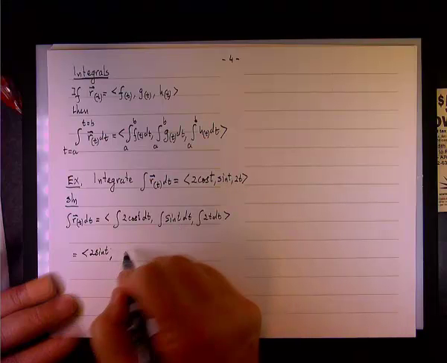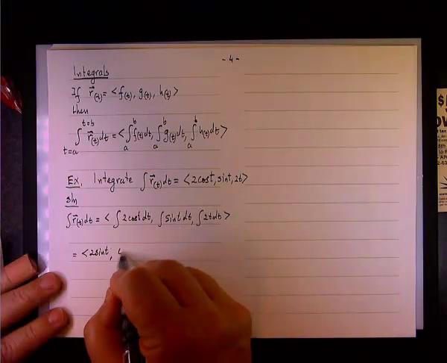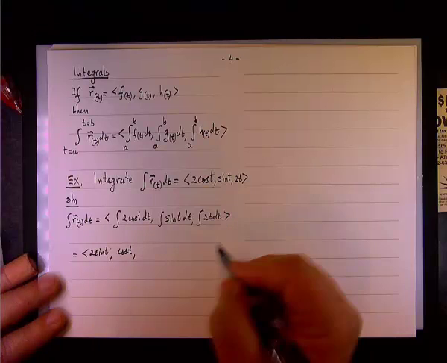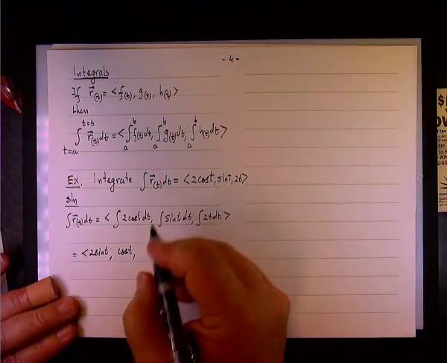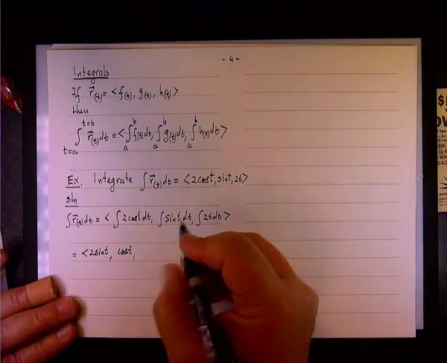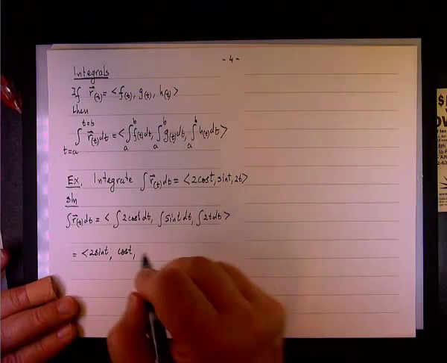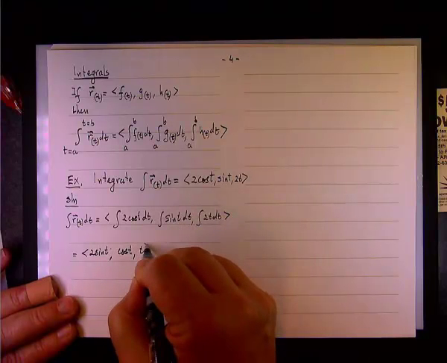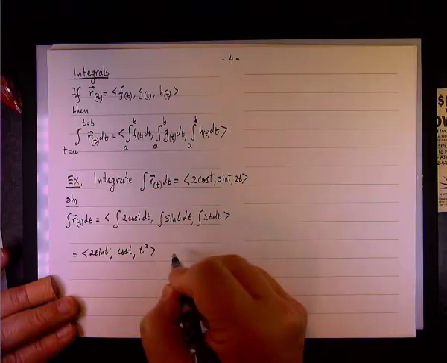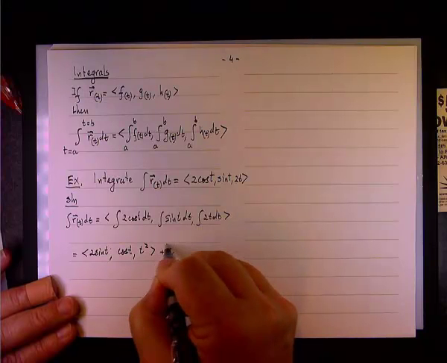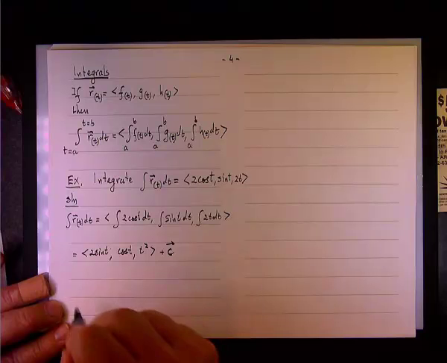Then the integral of the sine is the cosine. And the integral of 2t is 2 times t squared over 2, or t squared. What about the c? Plus a vector constant c.